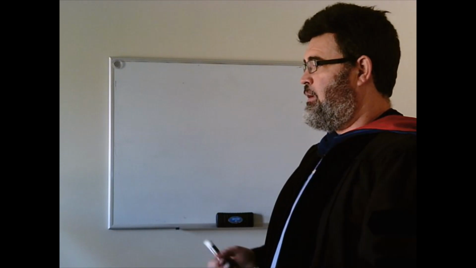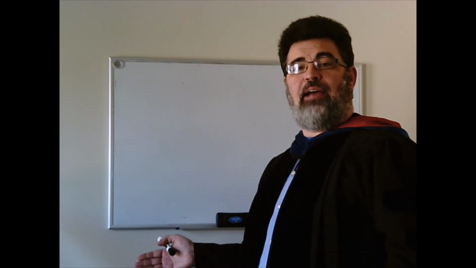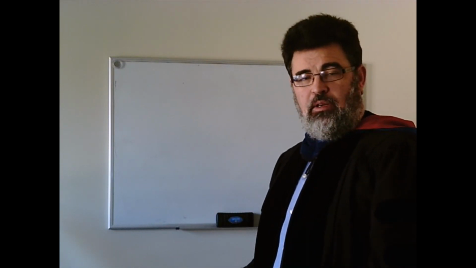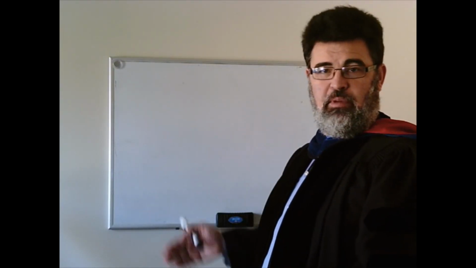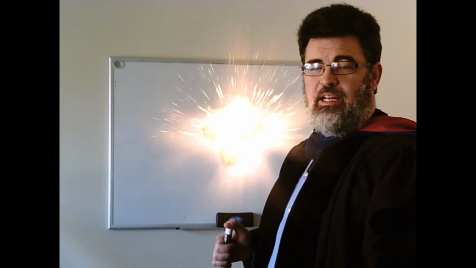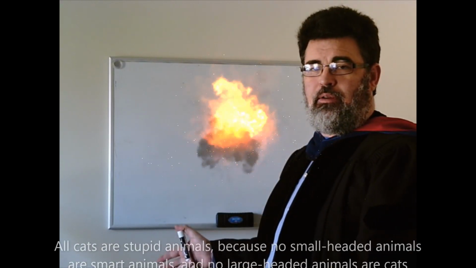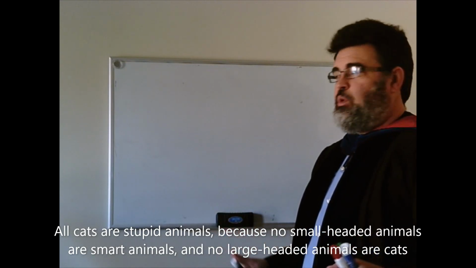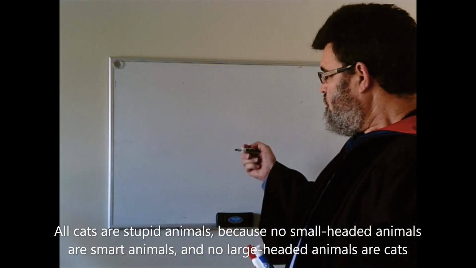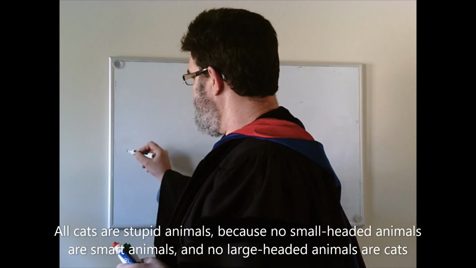Let's start out by looking at our famous cat argument, which I'm not going to write on the board just yet, because I'm going to drop it in using editing tools. There it is. What we want to do here is notice something. The conclusion, of course, is the same.